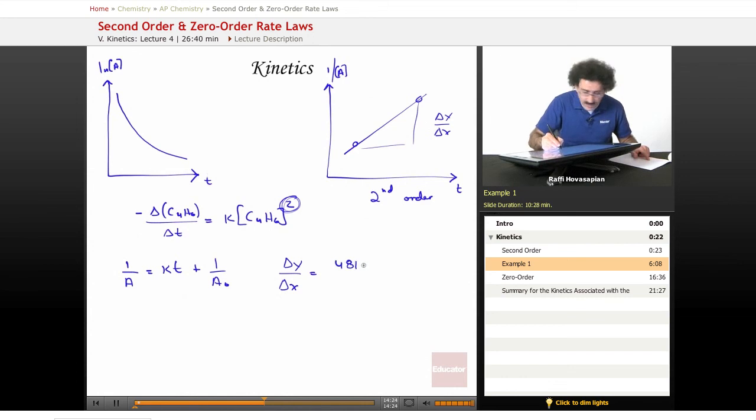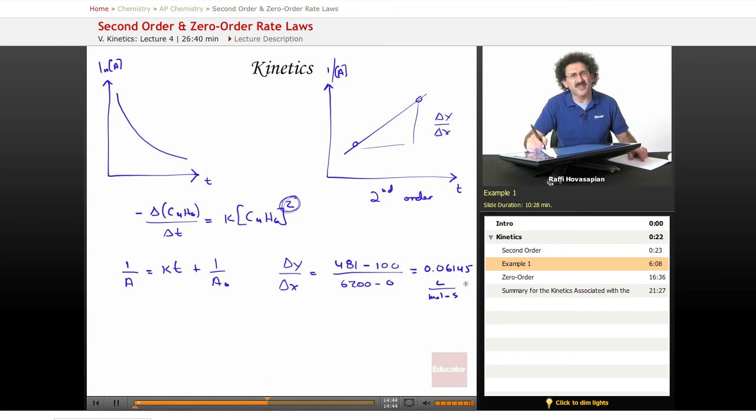It's going to be 481 minus 100 over 6200 minus 0, which gives me 0.06145, and the unit is going to be liters per mole seconds. I know the units for these rate constants don't really make sense. They tend to change depending on what order it is. It's actually the number that matters. So this is our rate constant.